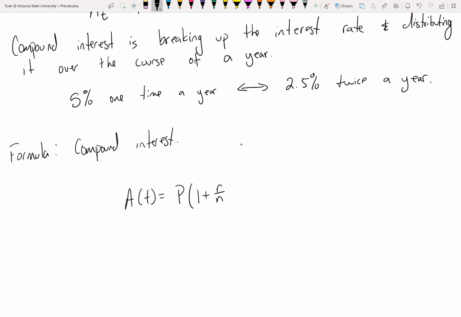So instead of being a regular interest rate, I'm going to chop up that interest rate into smaller bits. But the idea is that if you chop it into smaller bits, you apply it more times throughout the year. So for the exponent, instead of being a regular time, it's n times t. Right? And that should make sense. If I chop it up into 2 pieces, I apply the interest rate twice as much. If I chop it up into 10 pieces, I apply the interest rate 10 times as much. So that is the compound interest formula.